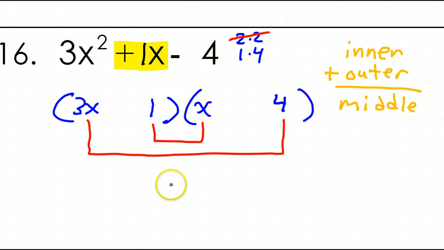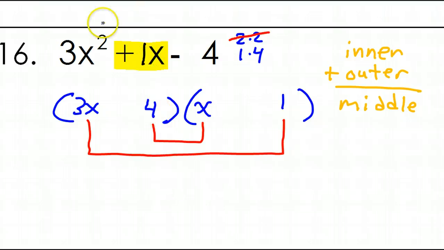Well, inner I'm going to have 1x. Outer I have 12. Okay, yeah, that's no good. 12 is too big. I could get to 11, it's the best I could do. So I guess I should have gone the other way. And as you get comfortable with this, you'll start to do some of this in your head, and so you'll get to the answer very quickly when you get good at it.